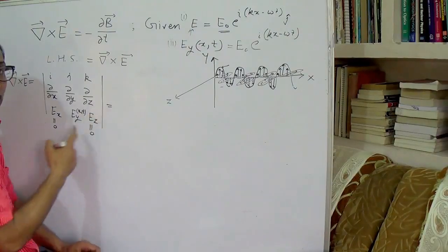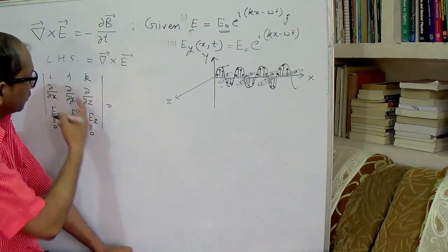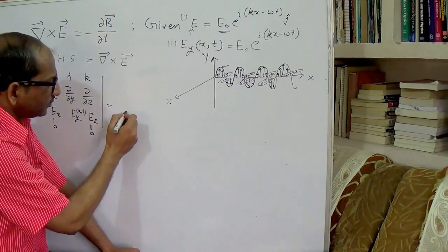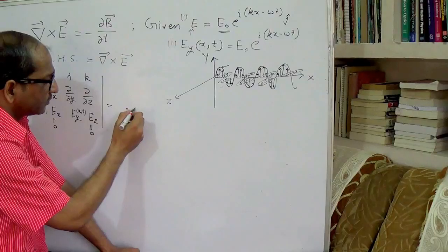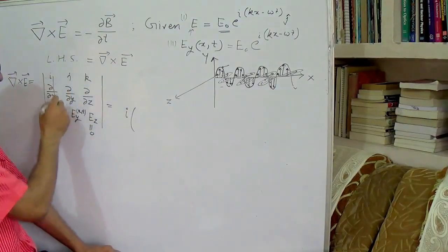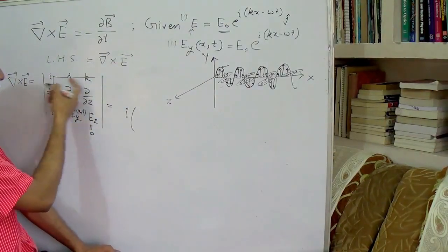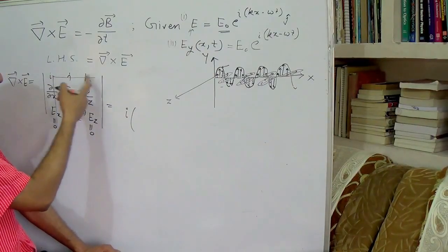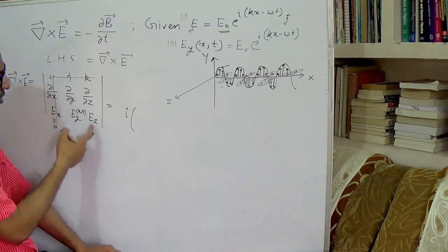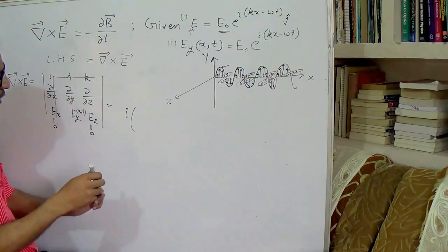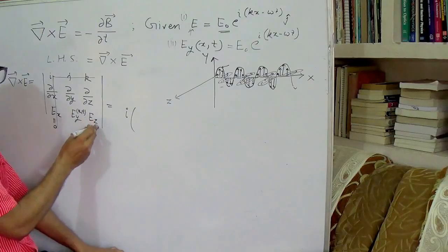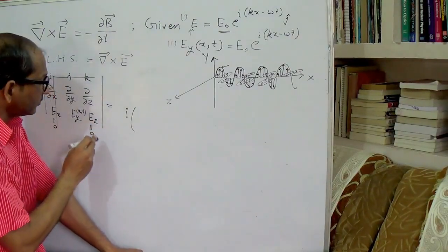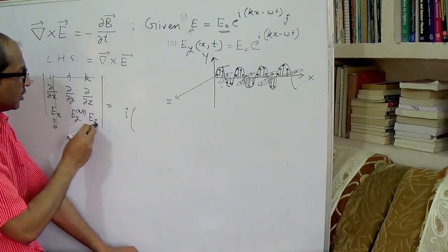So now the expansion of this determinant with respect to the unit vectors i, j and k. For i, I leave this row and this column, and I consider this one: del upon del y of Ez, and here Ez is equal to 0. So this term is equal to 0.